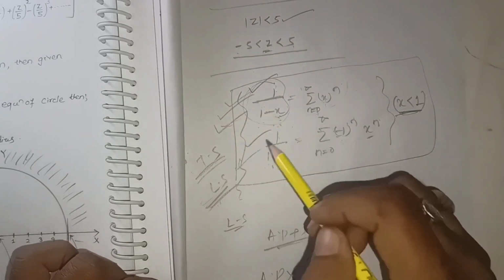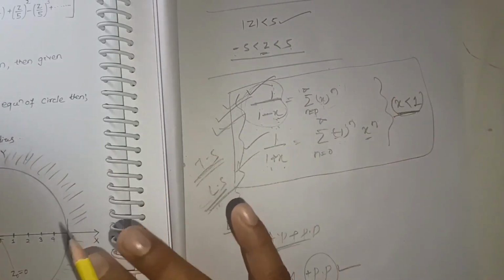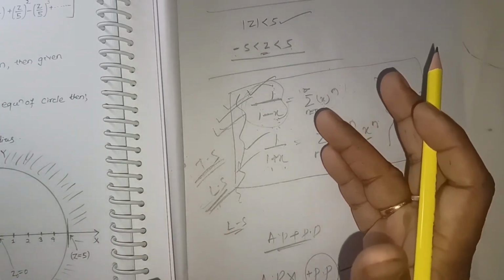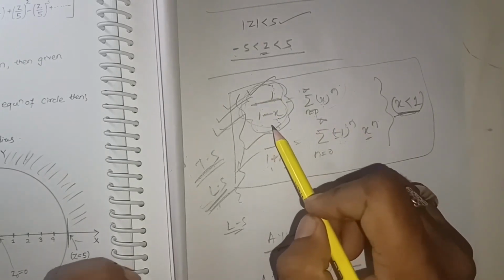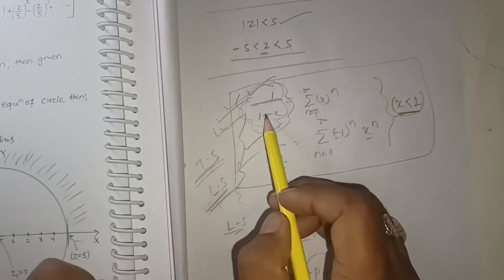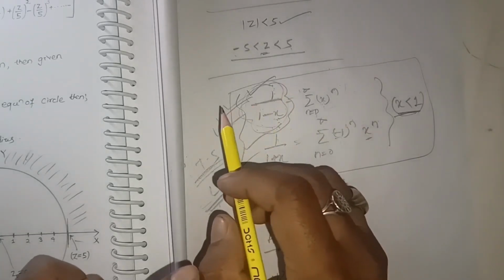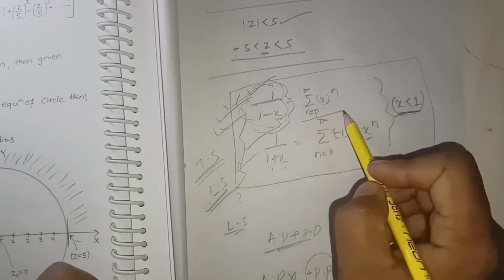But at least these two you have to remember, because whatever the numerical we are solving, we transform it into this format, because we know what its series will be. After transforming any function into this type of situation, we can easily write its series.